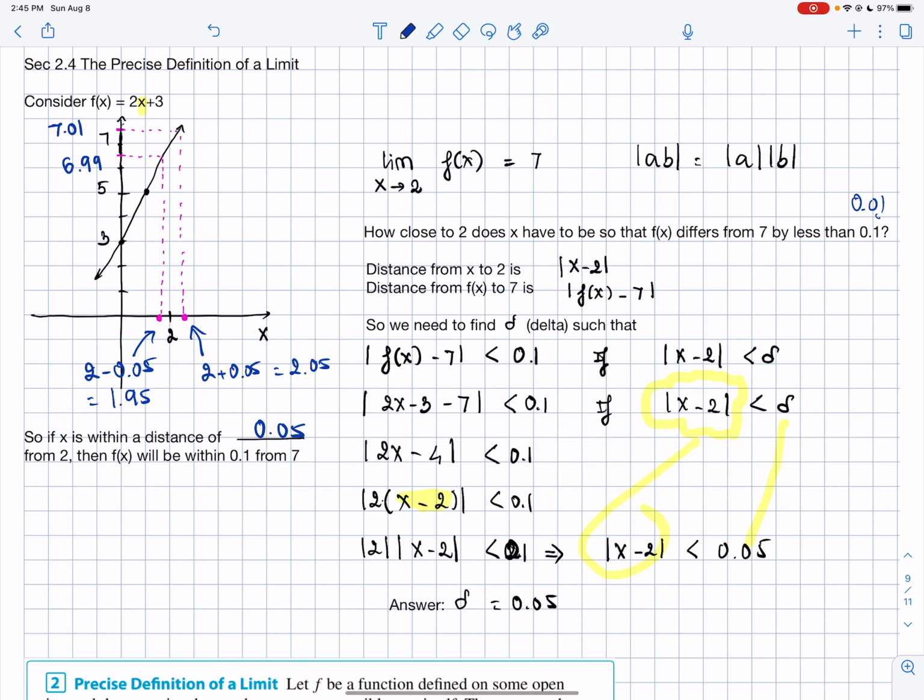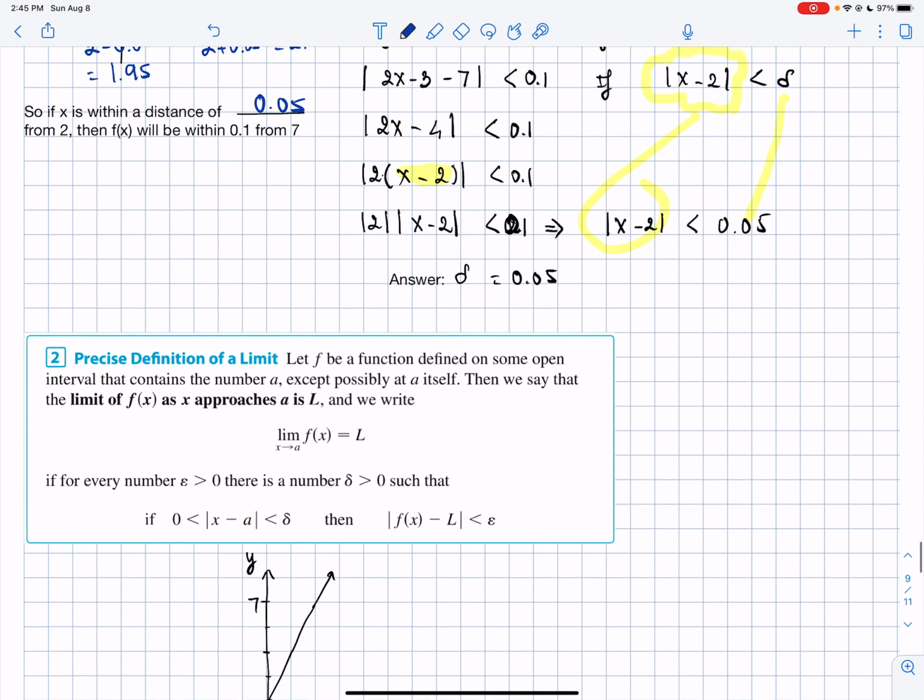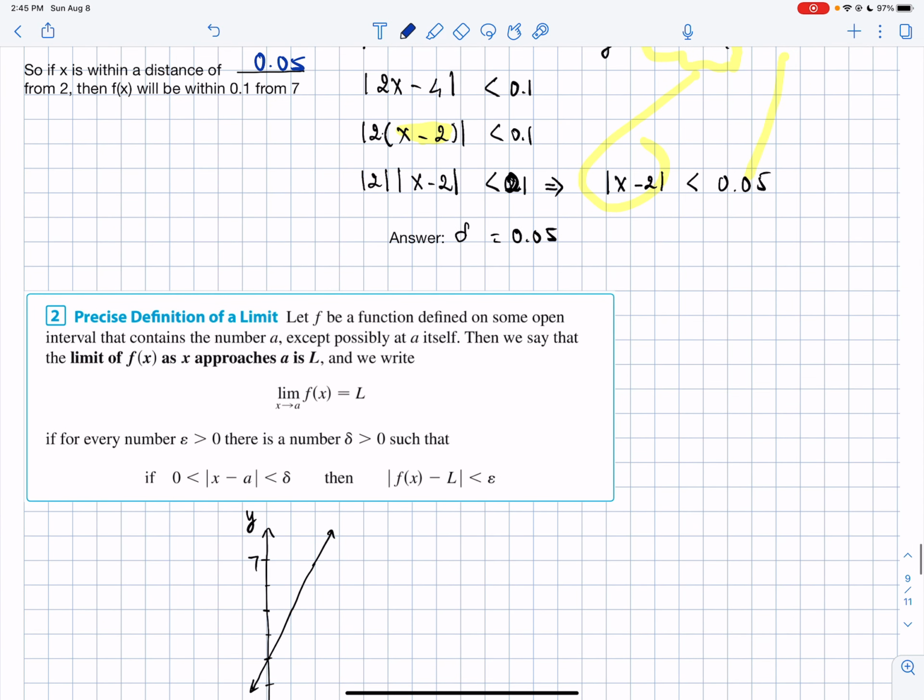So this number 0.01 is a number that we can change. So let's call that number epsilon. Okay, so we have a definition below. Let f be a function defined on some open interval that contains the number a, except possibly at a itself.